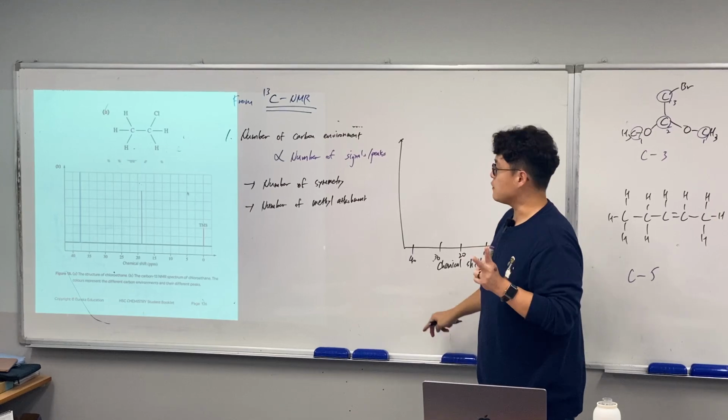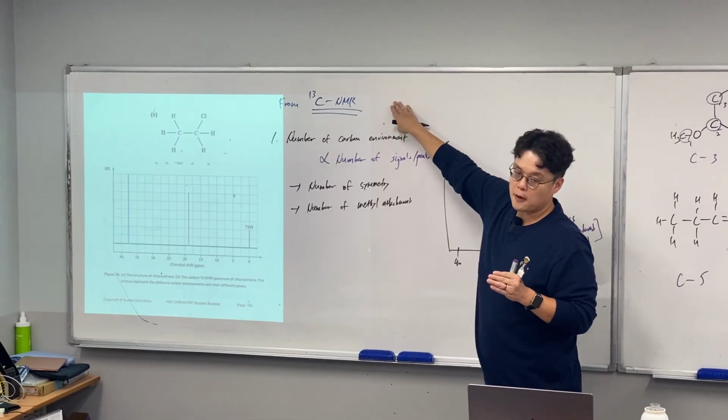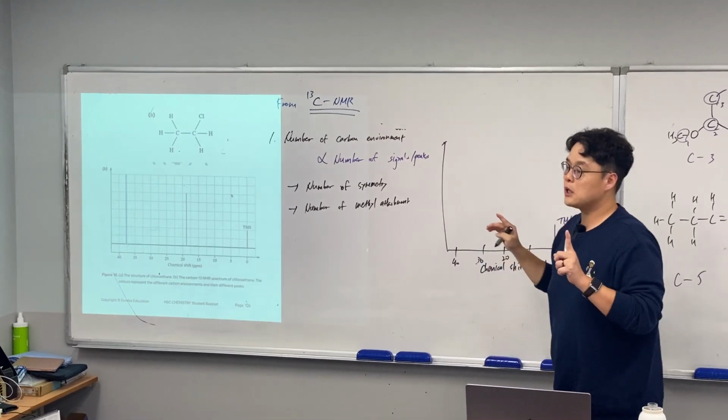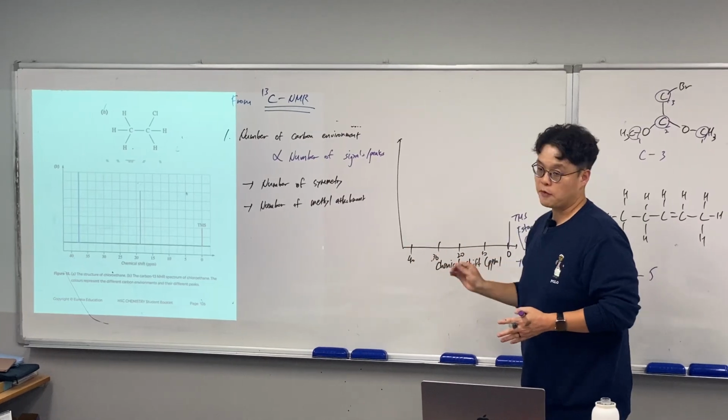The second piece of information we can get from carbon NMR, well, C13 NMR, is the position of the shift.